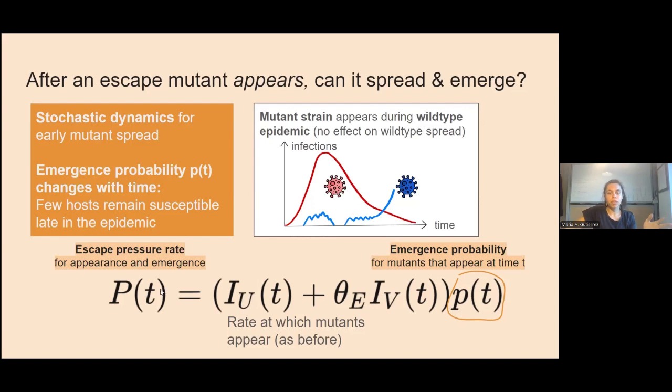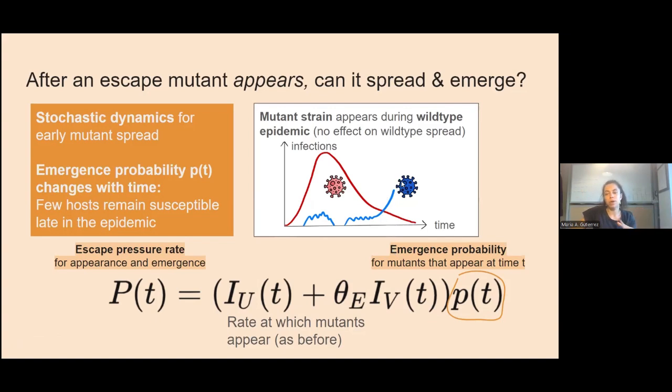And so for the escape pressure, for a second, I'm going to stop talking about the cumulative escape pressure across the whole epidemic wave and just look at the escape pressure rate at any point in time. So I have the same expression that I had before with the infections in unvaccinated and vaccinated weighted by theta E. But the key thing here is that I am multiplying it by the emergence probability, that a mutant that appears at that time t survives, well, quote, survives a stochastic extinction, so it's able to emerge.